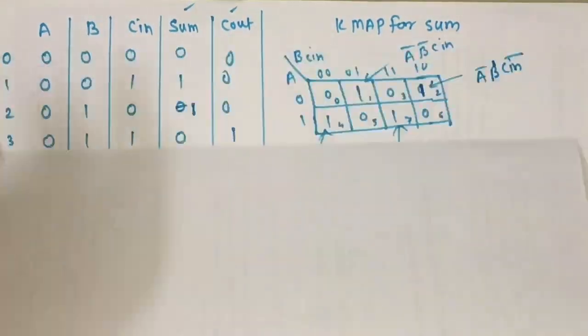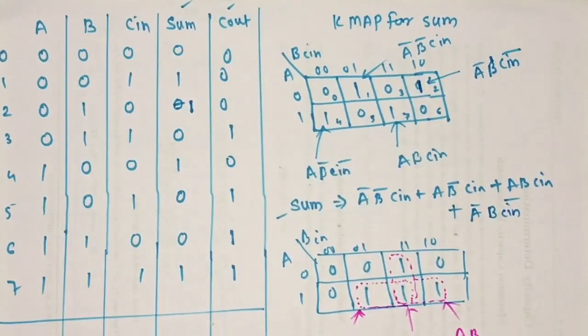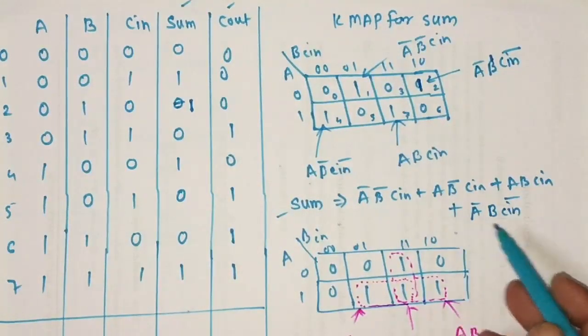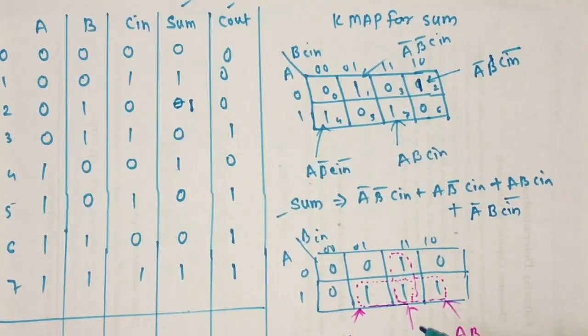Same way we will draw the truth table for the subtractor also. After getting this equation we have to implement that equation using the logic gates.